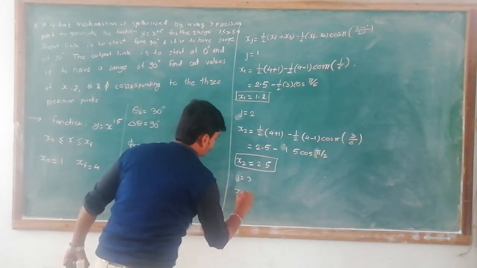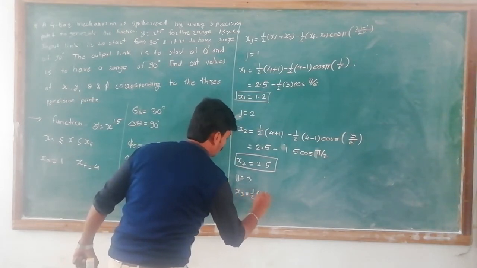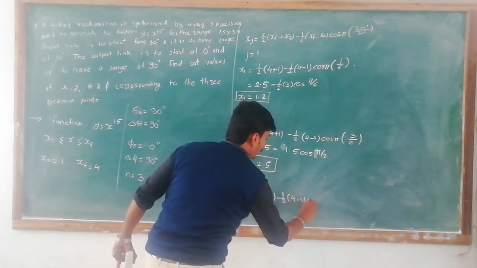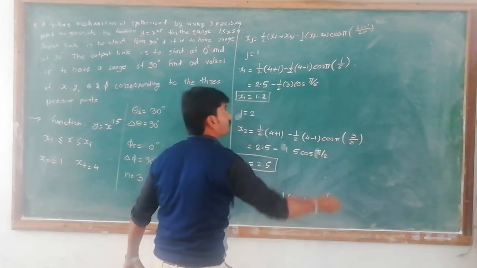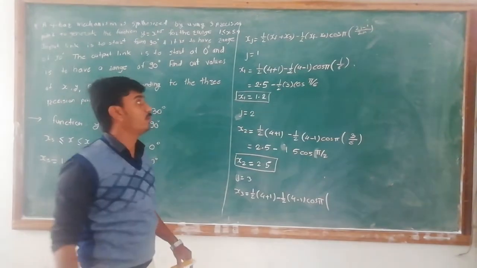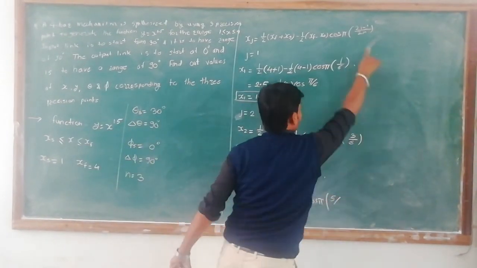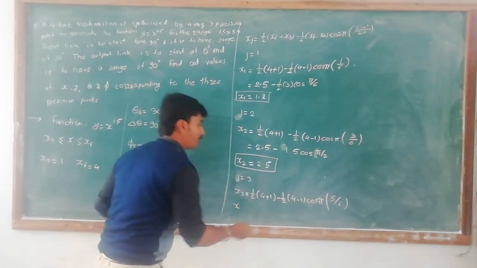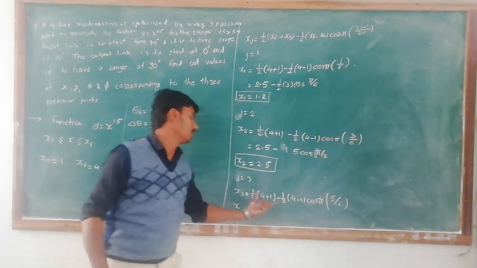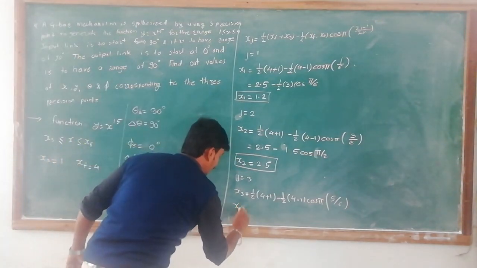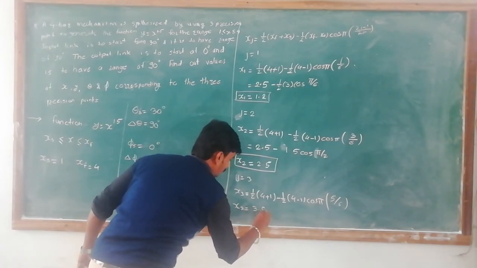So x3 is equal to 1/2 into (4 plus 1) minus 1/2 into (4 minus 1) into cos of pi into (2j minus 1) divided by (2n), with j equal to 3: 3 into 2 is 6, 6 minus 1 is 5, and 2n is 2 into 3, which is 6. So cos of 5 pi by 6, and if we put in the value of cos of 5 pi by 6, we will get x3 is equal to 3.8.